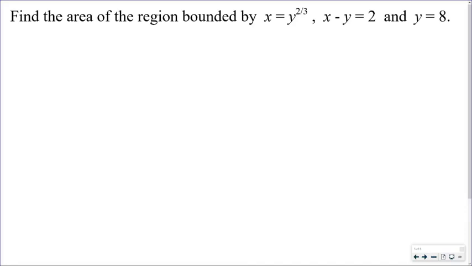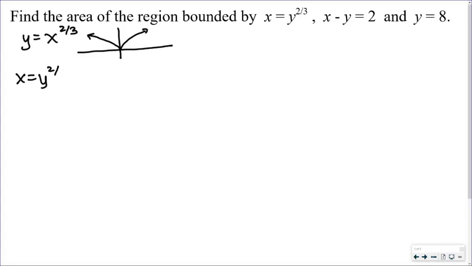Well, maybe you remember what y equals x to the 2/3 looks like. It looks like a bird. It always makes me think of like a seagull. Those paintings of seagulls where they're just tiny little dashes in the sky. Well, x equals y to the 2/3 is that sideways. So it looks like that.